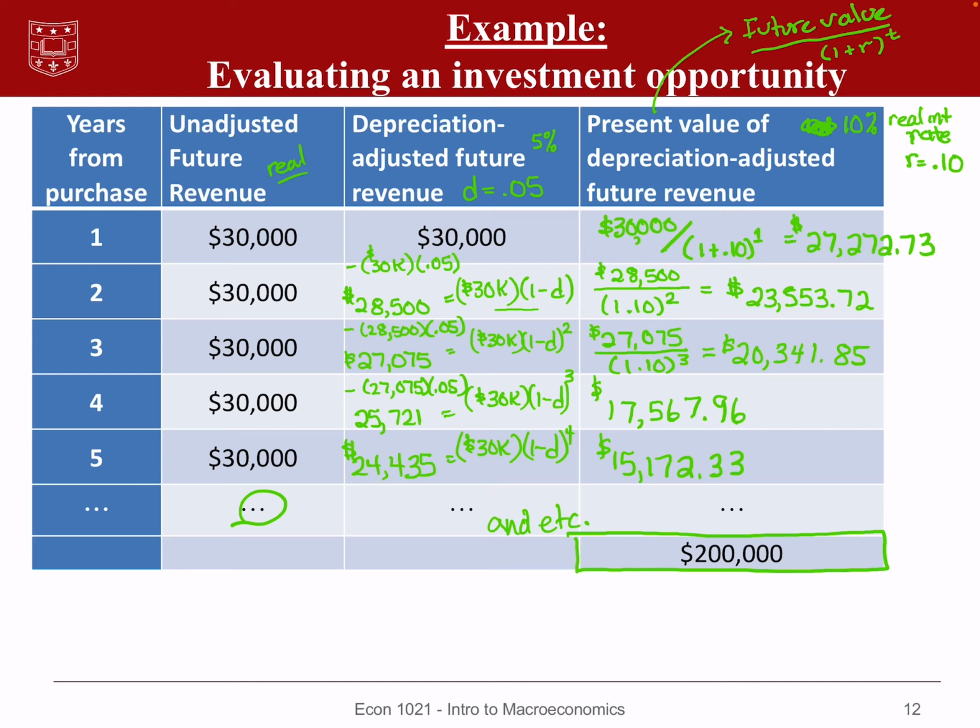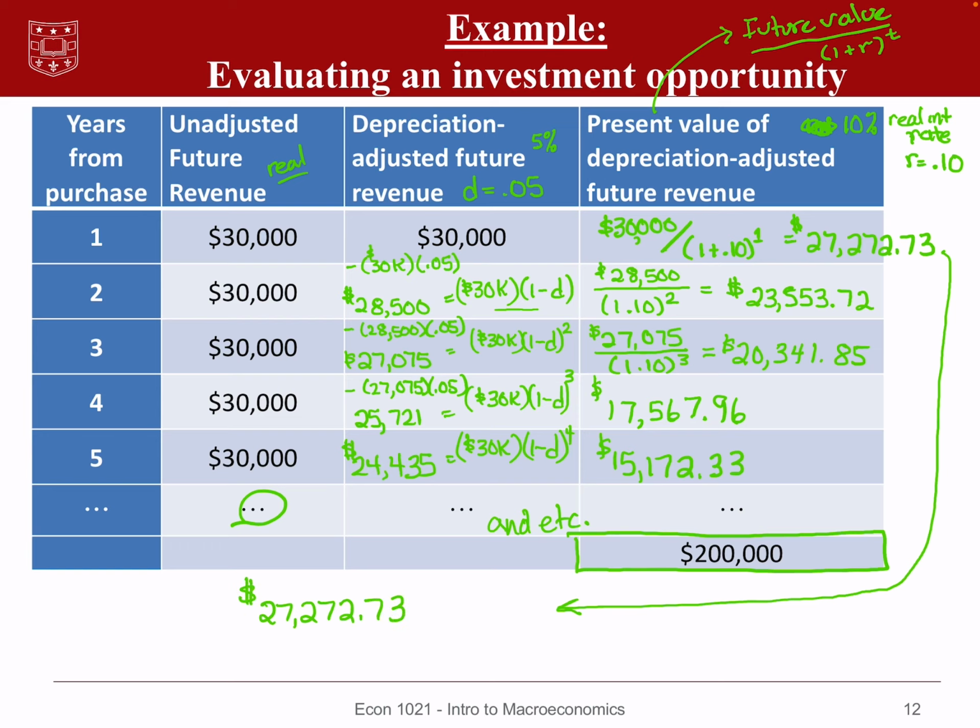What is in this column? So let me, again, just for the sake of the people who are interested in the mathematics here, take the $27,272.73. What is that?